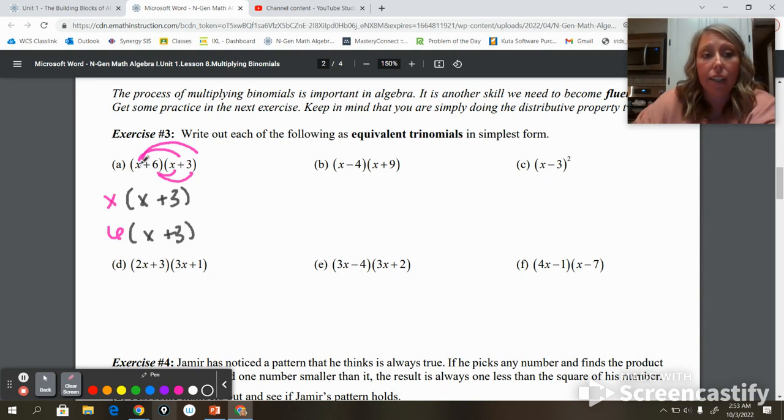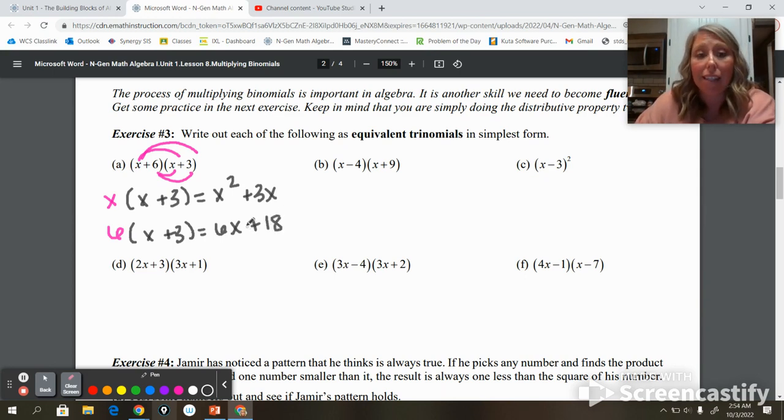So we still have our x, we still have our 6, and we're just multiplying each of those individually times x plus 3. So x times x is x squared, and x times 3 is 3x. And down here, 6 times x is 6x, and 6 times 3 is 18. If you remember from the last lesson, this looks very similar to that box method or area model that we were doing.